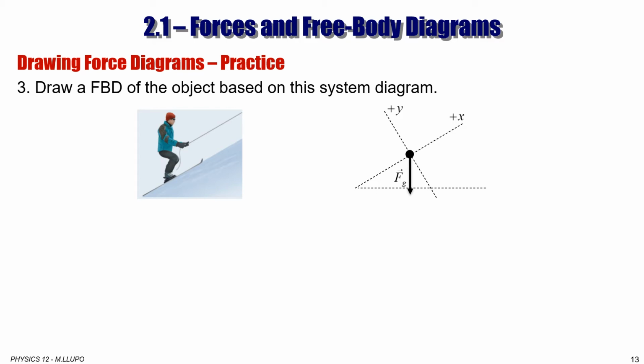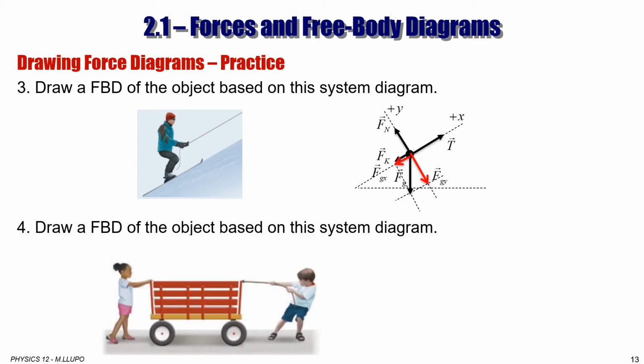Then draw a free body diagram with the force of gravity, the normal force, and label it, then the tension and the force of kinetic friction. But since Fg is not on the x-axis or the y-axis, you can resolve it into components, Fgx and Fgy, and you label them. And that's a free body diagram of the object.